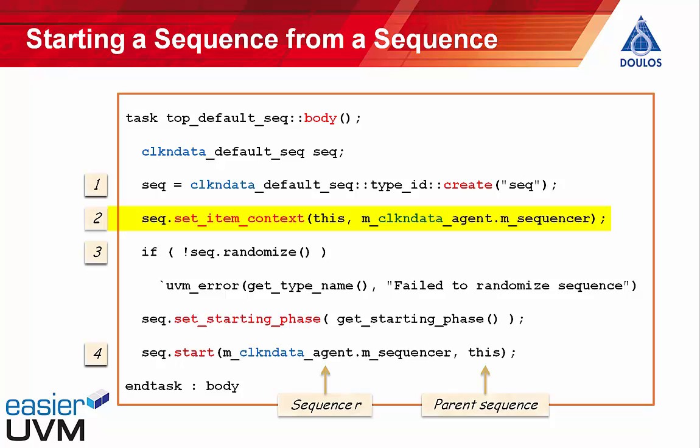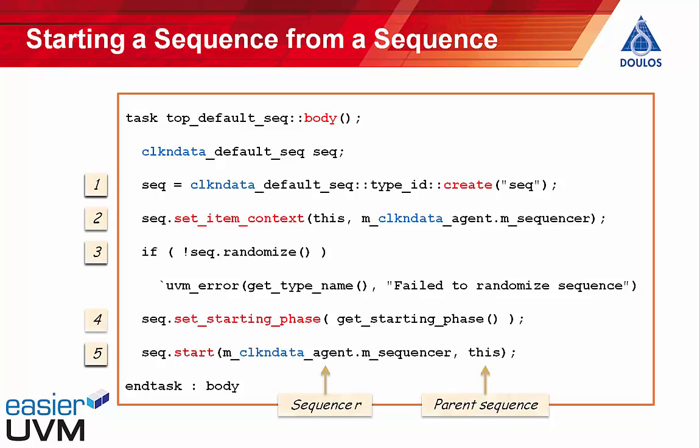There's one exception, however, and that is sequence objects. So if you're manually creating and randomizing sequence objects and you're concerned with random stability, it's good to insert this extra step, shown as step 2 here, where before we randomize the sequence object, we're reseeding the sequence object based on the full hierarchical name of the sequencer that it's going to run on.